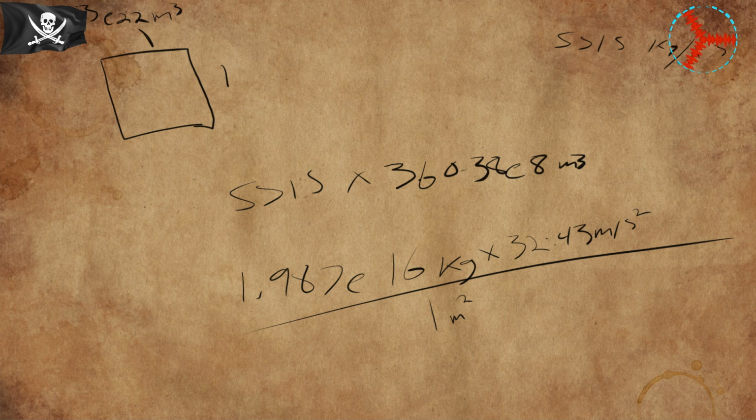I know how to Wolfram Alpha. I closed it again like a dummy. 1.987 E16 times 32.43. 32.43. Gives us... Why is it not in scientific notation?